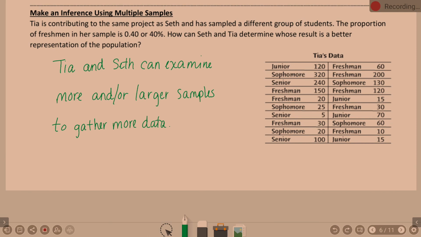Tia and Seth can examine more and or larger samples to gather more data. Somehow or another, just saying we don't really quite have the information we need here.